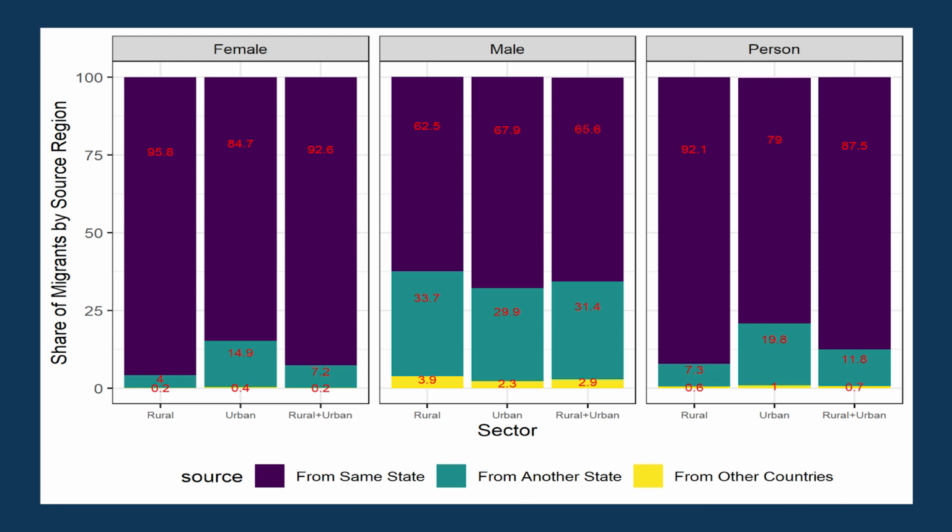But relatively speaking, the dominance of migration from other states is present more for the male migrants, be it rural sector or urban sector. However, in case of the urban sector, the ratio of those coming from the same state seems to be a little higher than what we see in case of rural male migrants.